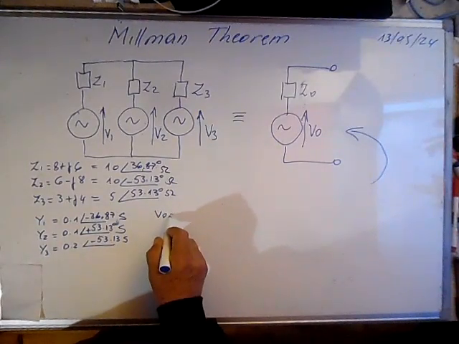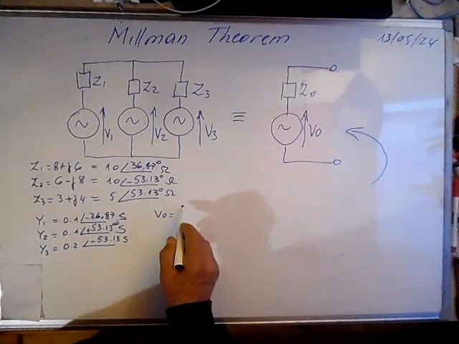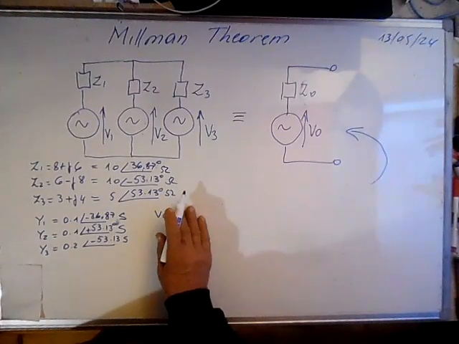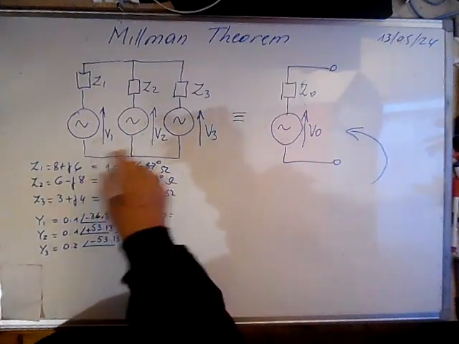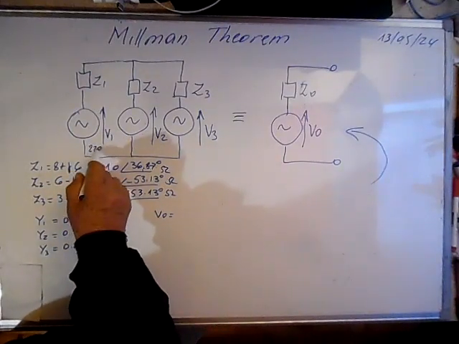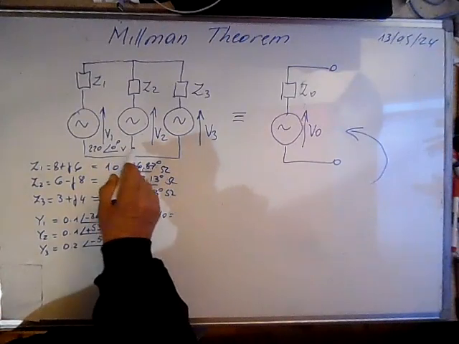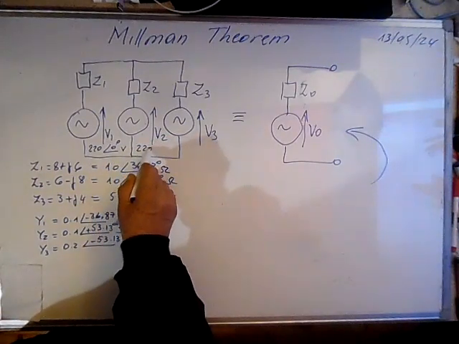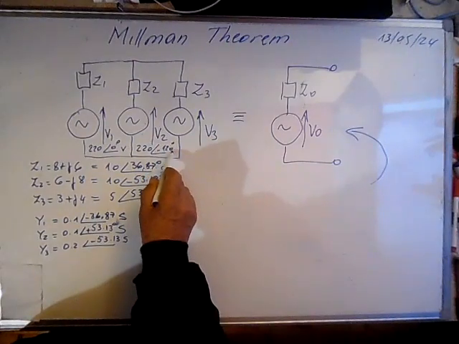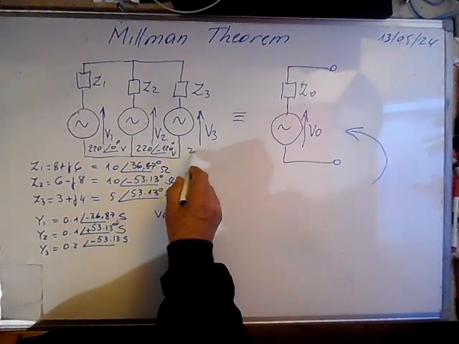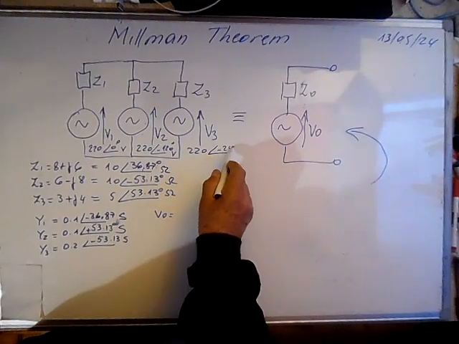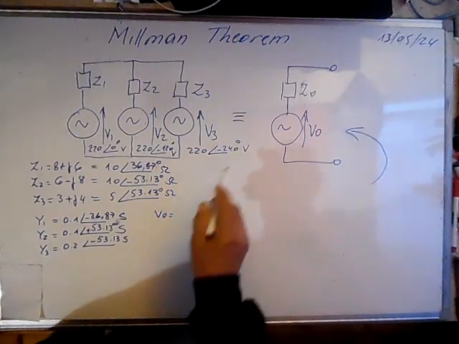V0 is equal to V1 times Y1 and so on. Here it's a three-phase system. V1 is 220 at 0 degrees volts, V2 is 220 at minus 120 degrees volts, and V3 is 220 at minus 240 degrees volts.